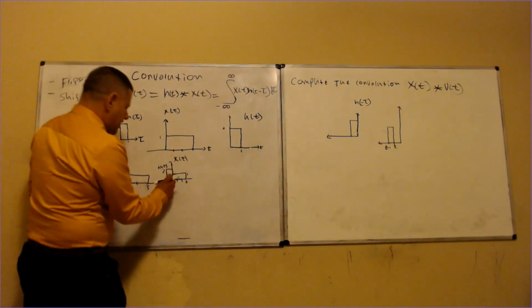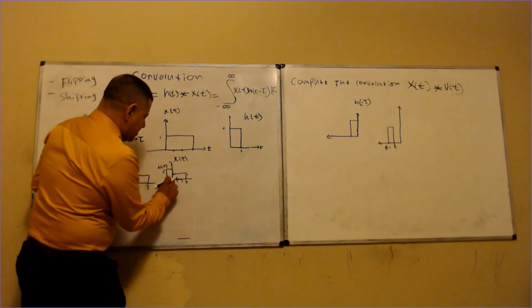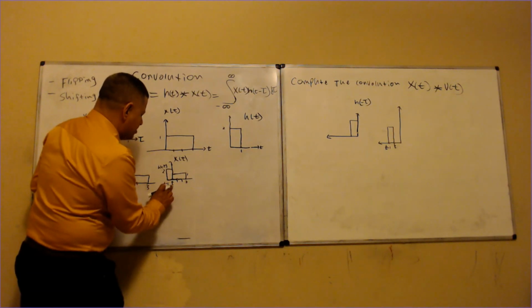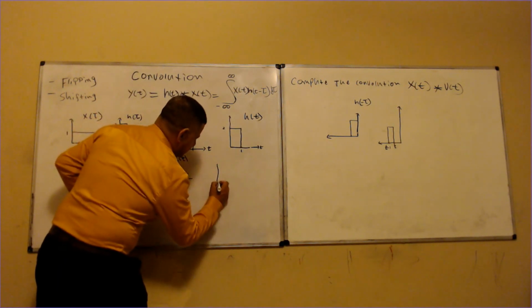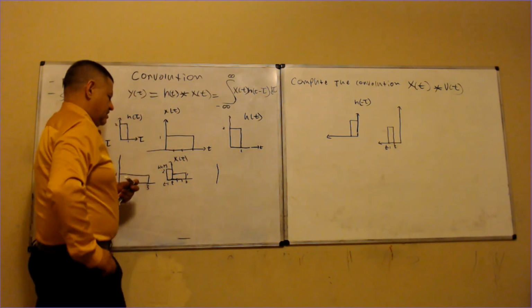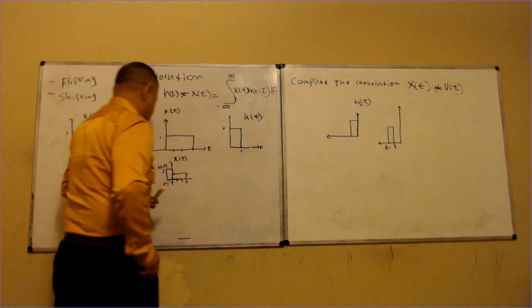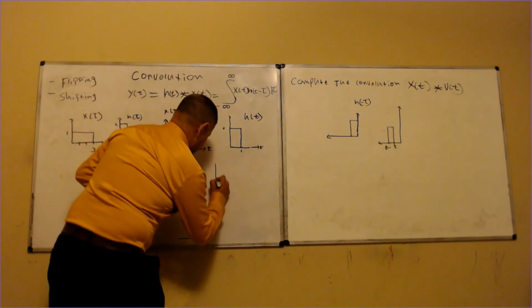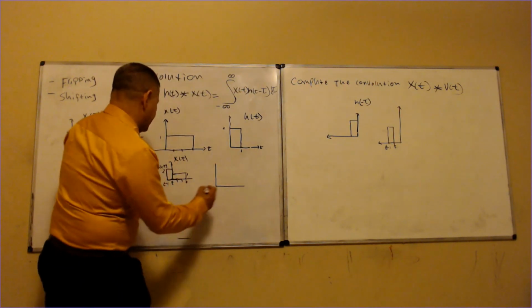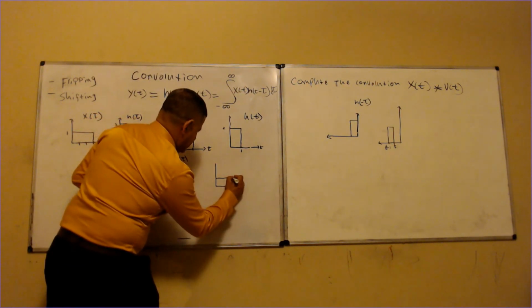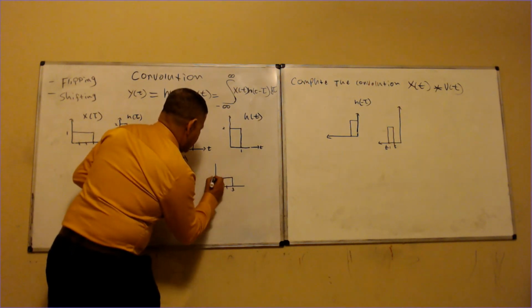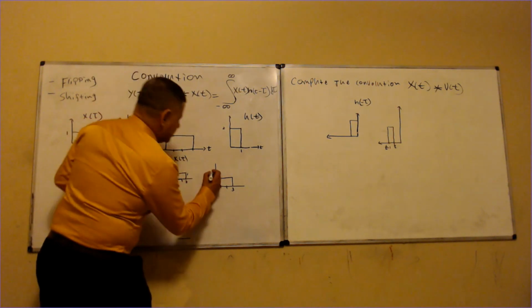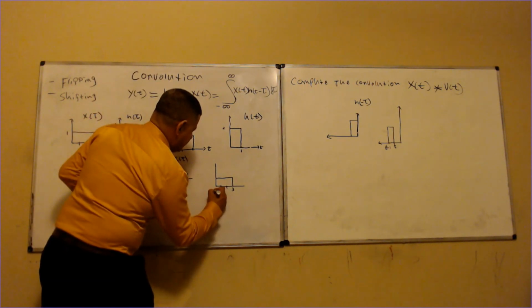Okay, so now let me move this to the origin, and let me not shift but slide it to the right, to 1. So in this case, it's going to be like this: 1, 2, 3, and then this guy right here is going to go t minus 1 from the origin, and it's going to go to 1.